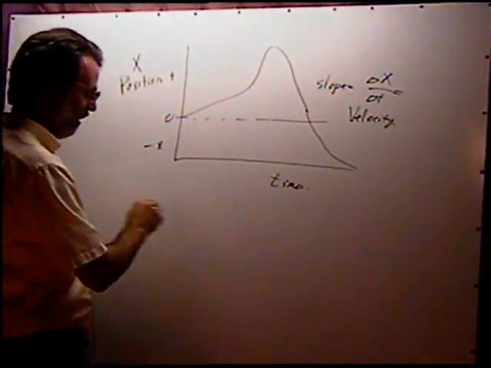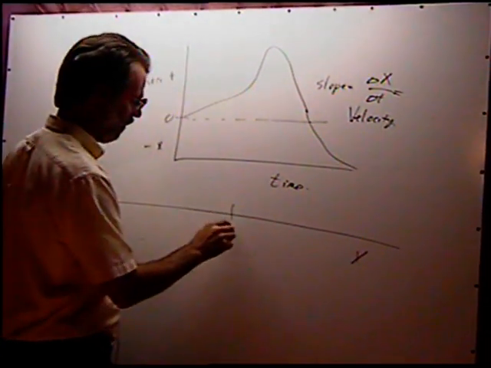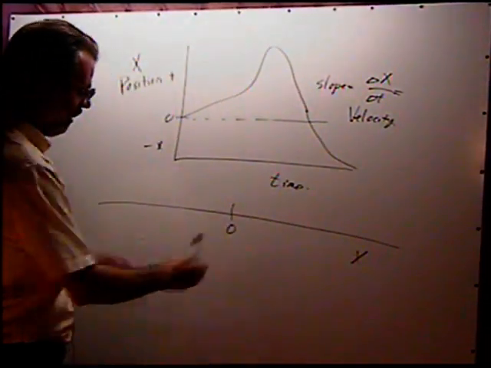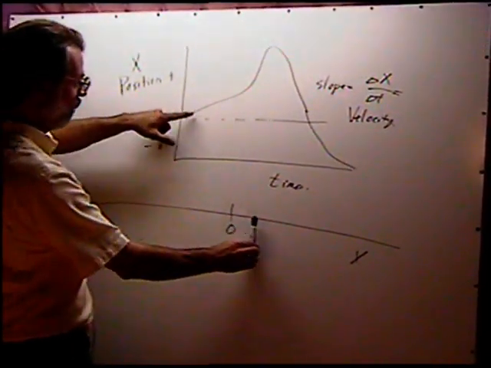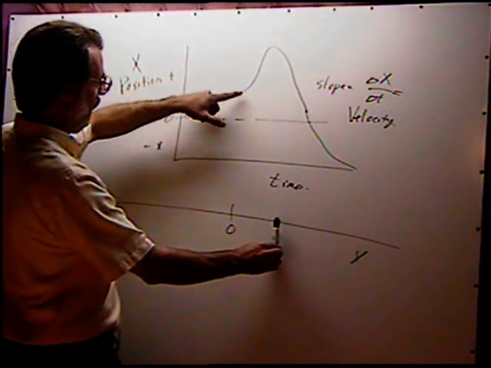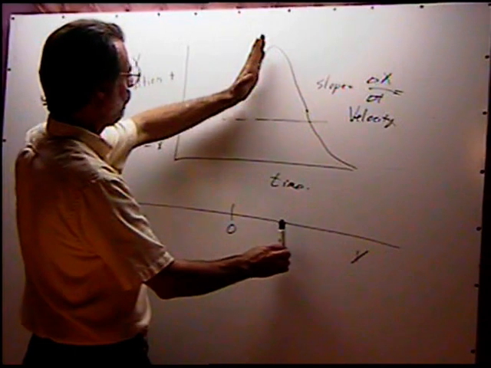So imagine that this is the x dimension, and here's 0. The marker represents the car. The car starts off going in the x direction at a certain speed, and notice the speed picks up.